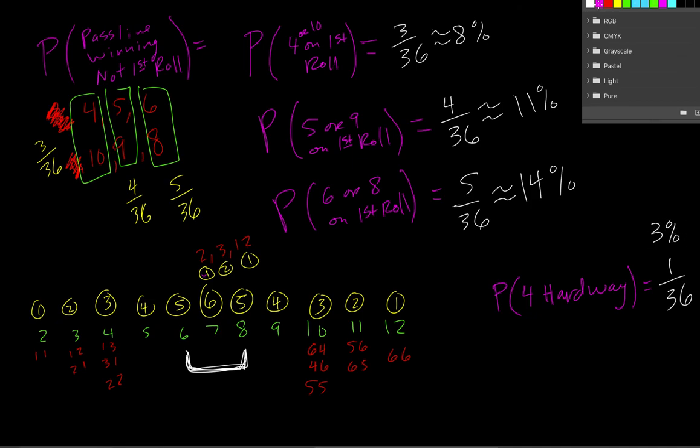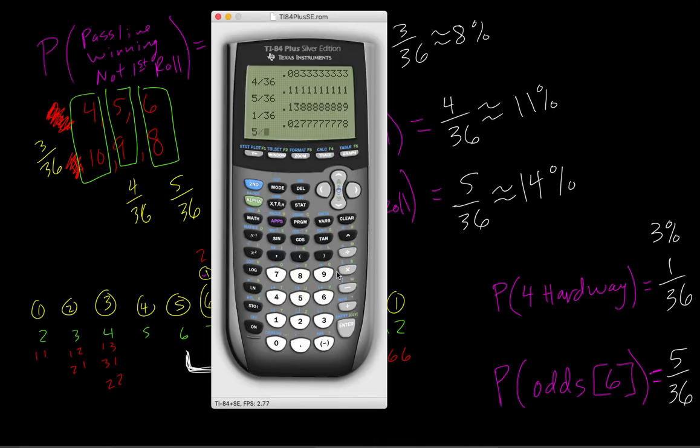And then there's another thing that I have written on your homework, it's odds. So the probability of odds 6. All that means is you go to the number, look at this table, there's 5 ways to roll a 6, so that's 5 out of 36, and then we divide that and we get about 14%.